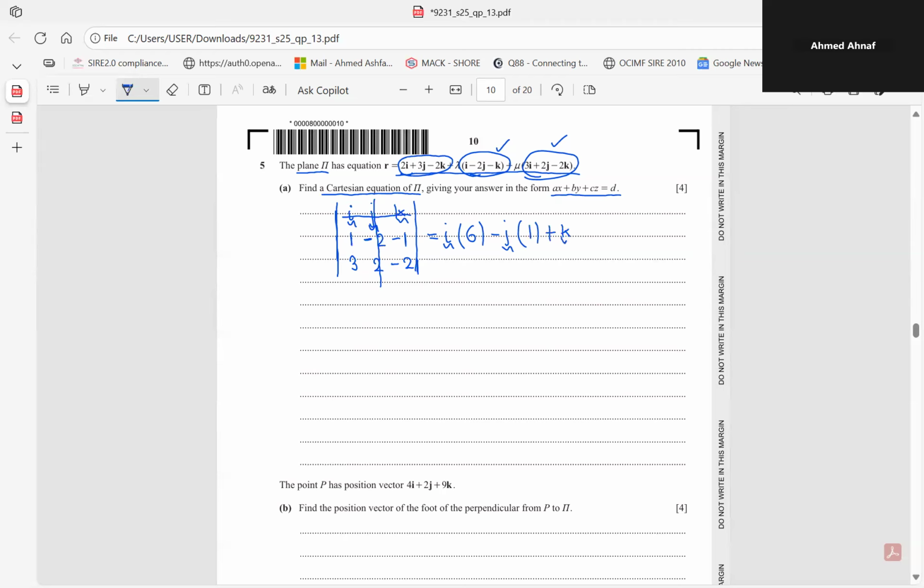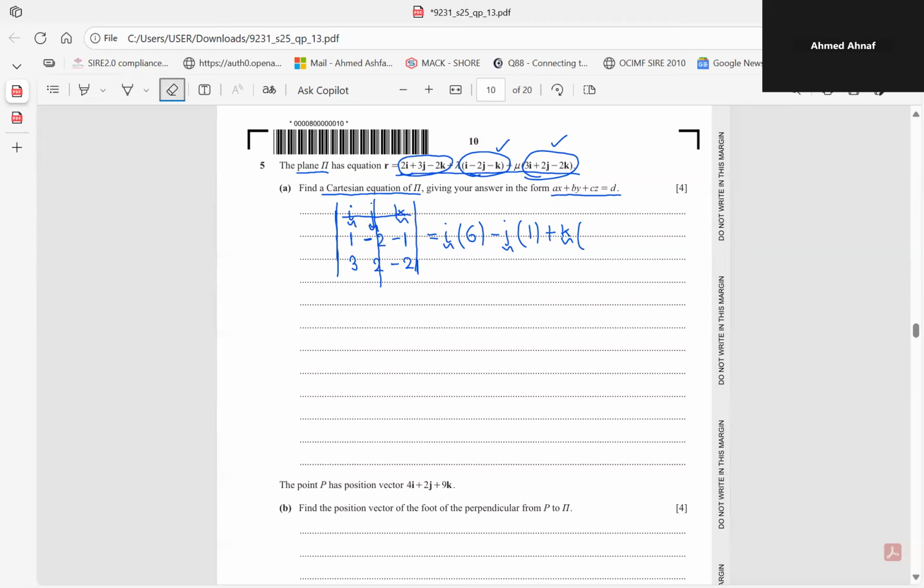And then finally for the k, you cover the row and column with k and find the determinant of the remaining elements.